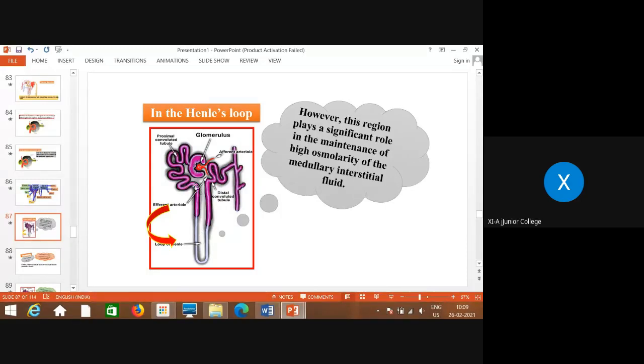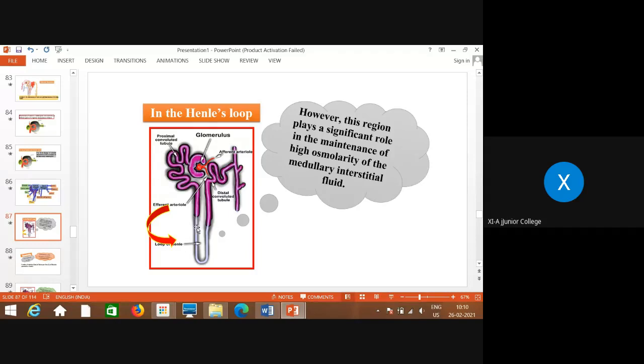Solute is what is passing through this tubule. As I told you, this descending limb is permeable to water, whereas the ascending limb is impermeable to water. So maximum reabsorption of the water takes place here, and when water is reabsorbed by the cells, it is passed to the blood tissue. So what happens then?